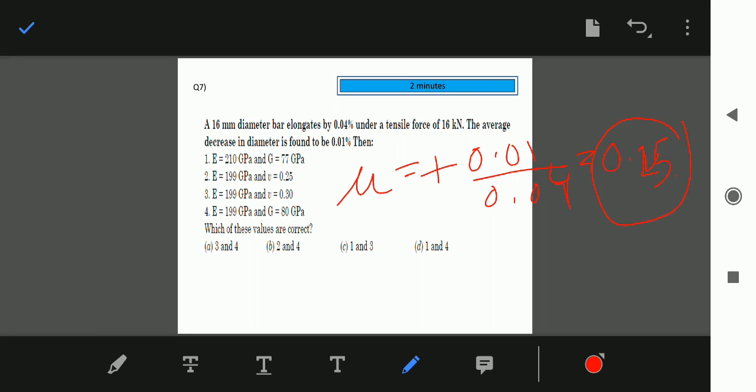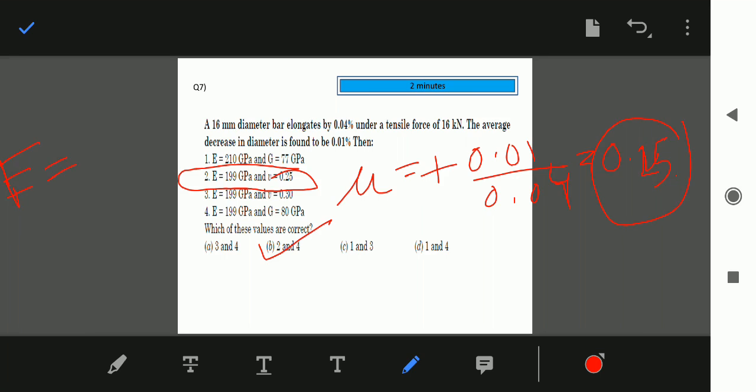So one option we got, option 2, that is, the mu value is 0.25. By solving just for mu, you can get the correct answer, that is, option B will be correct, since option 2 is in none of the other options. So we have solved it very easily, but the full solution is that we have to find E. E will be sigma upon epsilon.